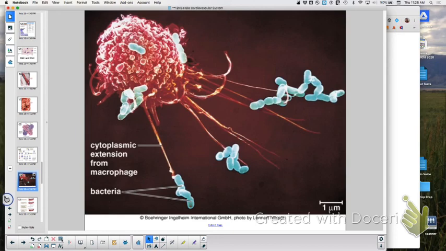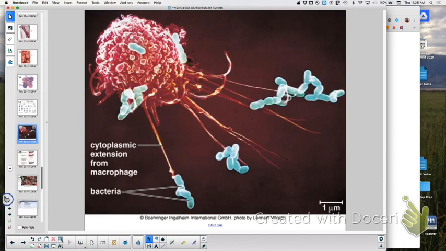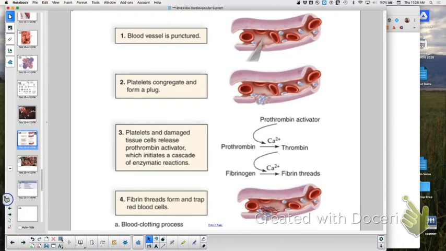Okay, platelets are all about blood clotting. There's a series of reactions like here. If you are cut, okay, the platelets will try to clot it. If it's a really deep cut, you might have to apply a little bit of pressure. If it's a really, really deep cut, you might need to get some stitches, okay? And I just want you to see it's like prothrombin triggers this, which triggers this, which triggers this.